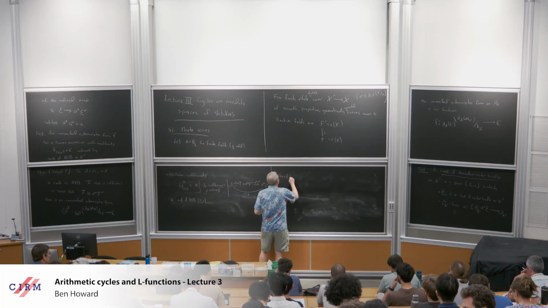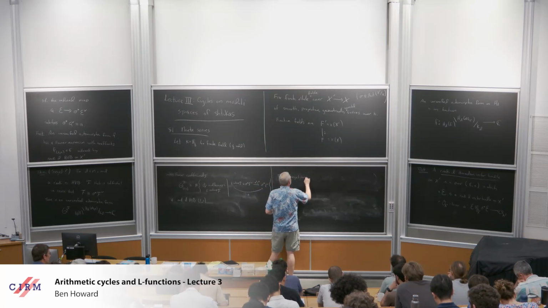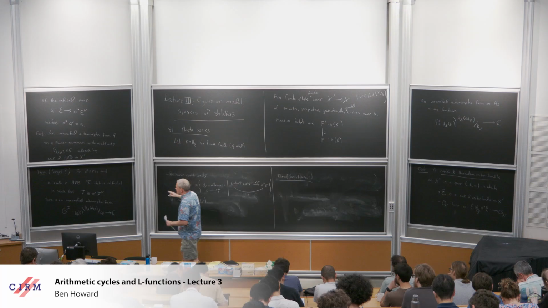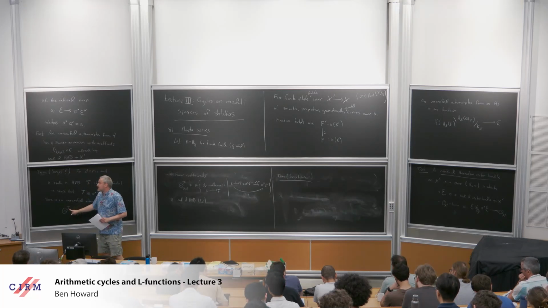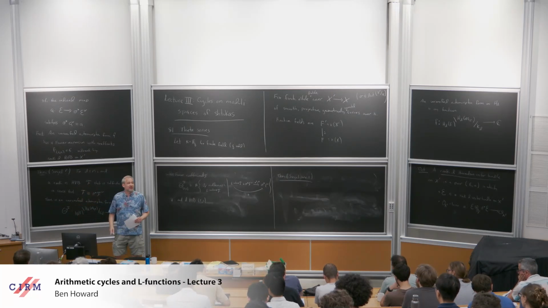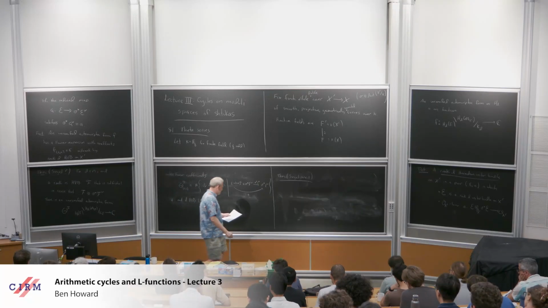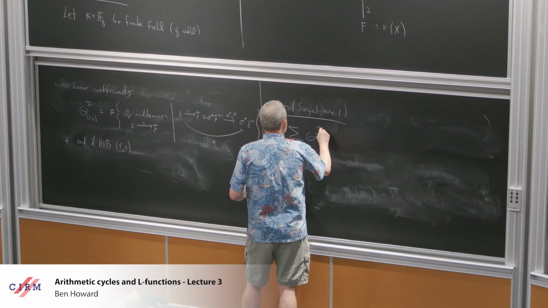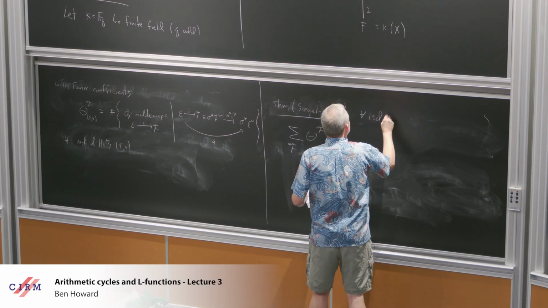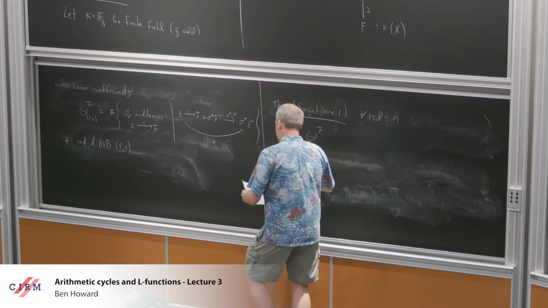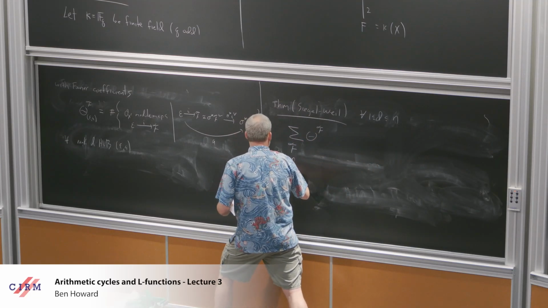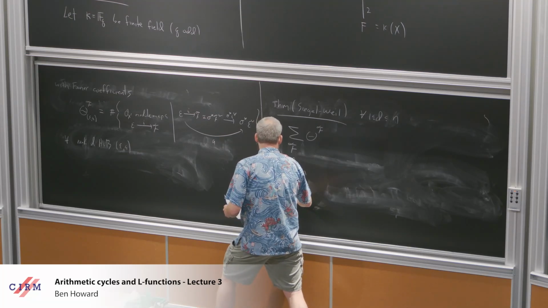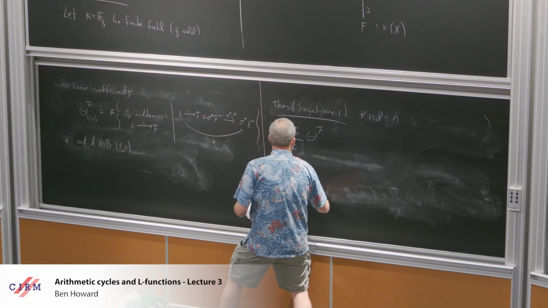Theorem, Siegel-Weil. If I take these theta series, and instead of fixing one self-dual rank n Hermitian vector bundle, sum over all isomorphism classes, the sum over F of theta F, so this is the sum over all rank n self-dual Hermitian vector bundles on X prime.